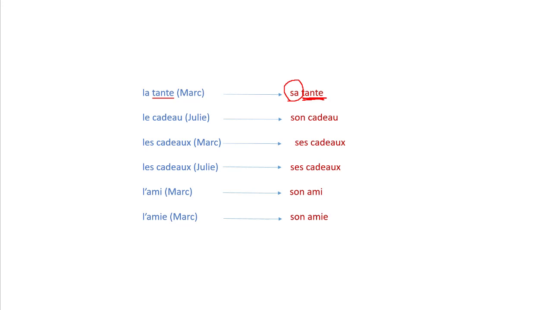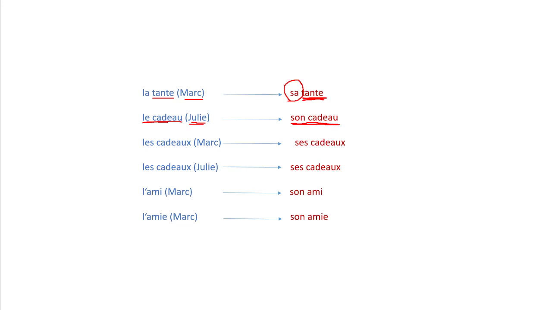Okay? Let's look at le cadeau. Le cadeau, this is a masculine singular noun. Now, whether you were going to say this is his gift or her gift, either way, it would be son cadeau. Here I've got Julie. This cadeau, this gift, belongs to Julie. Okay, fine. Then it's her gift, son cadeau. But if it belonged to Mark, it would still be son cadeau.